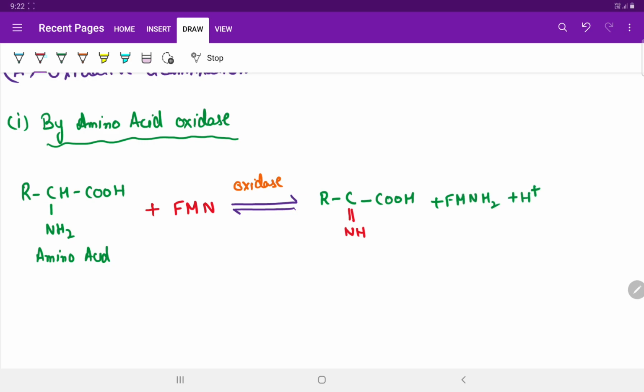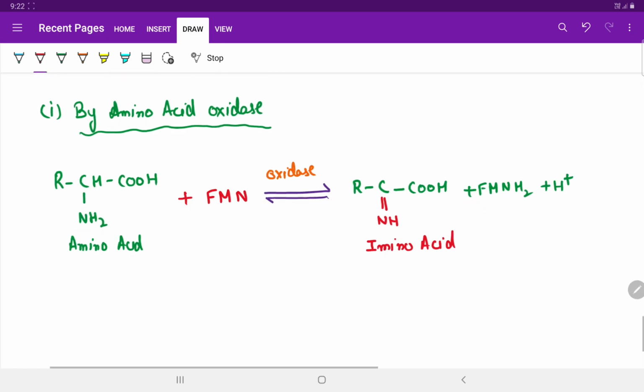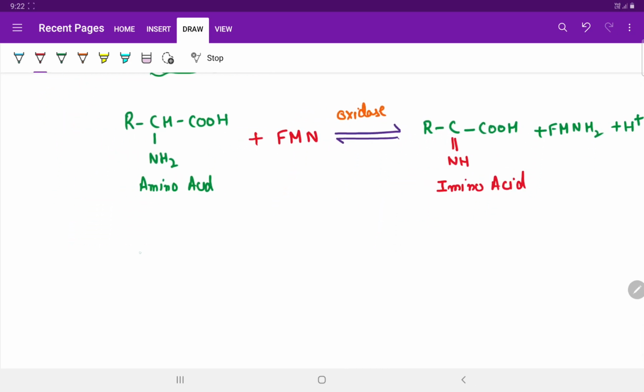So this is the formation of an imino acid. In the next step, the imino acid, so draw the structure of imino acid here.